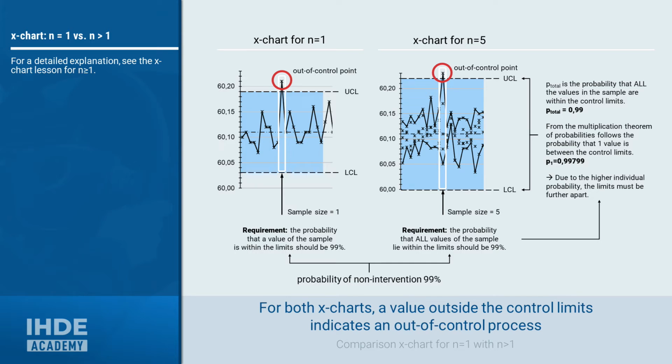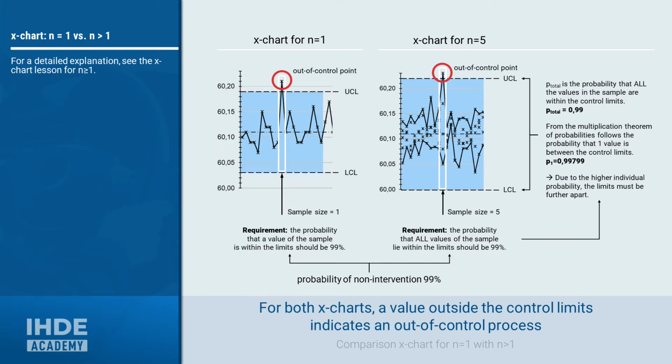For example, 99%. This means that if the process is in control, it can be assumed with the probability of 99% that the actual values of the characteristics produced are within the limits. With a probability of 99%, there is no need to interfere in the process.